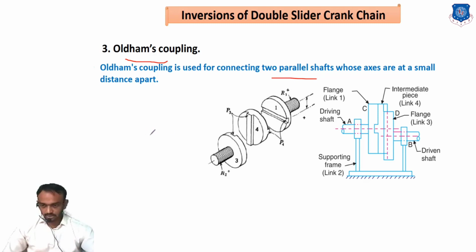Lateral means there is one shaft and a second shaft, but the axes of both shafts are at some distance, so there is some misalignment. In the figure you can see this misalignment. Due to this misalignment, we have to use the Oldham coupling.